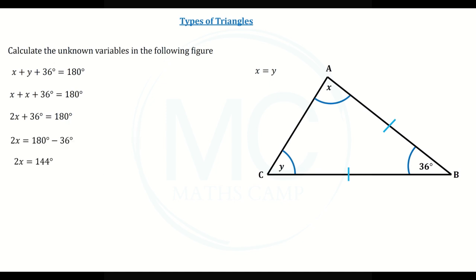Now to get x by itself, let's divide both sides by 2. 2x divided by 2 gives us x, which is equal to 144 degrees divided by 2, which is 72 degrees. x is 72 degrees, but we know that y is equal to x, which means that y is also 72 degrees. Let's do another one.